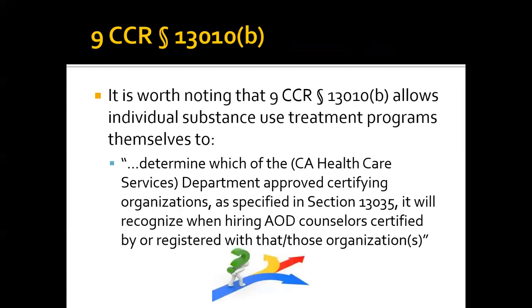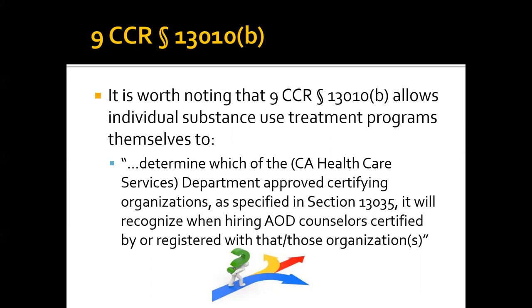Now, it's worth noting that in the Code of Regulations, Title 9, 13010, Section B, this allows individual substance use treatment programs themselves to determine which of the Healthcare Services Department approved certifying organizations, as specified in section 13035, it will recognize when hiring alcohol and drug counselors certified by or registered with those organizations.